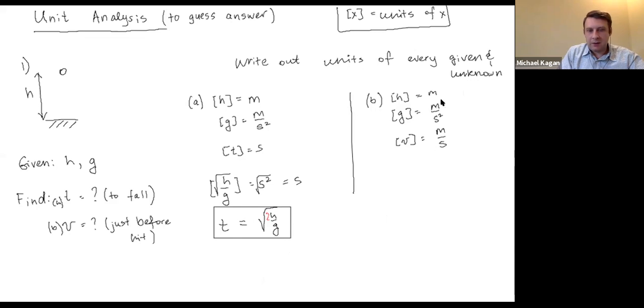Using the same game, it looks like if we multiply h and g, we get meter squared per second squared. So if we then take the square root, we get what we want. So we take the square root of h times g, we get meters per second.